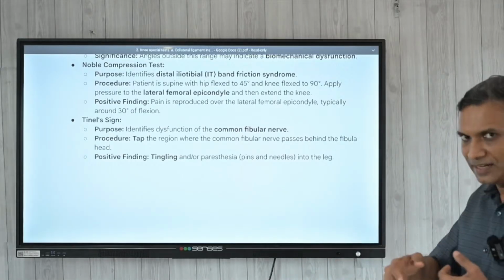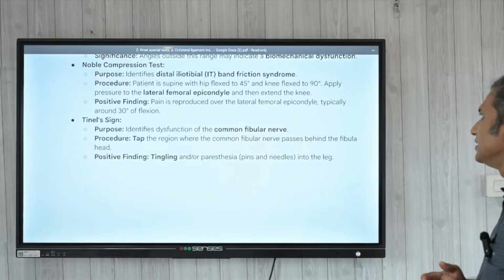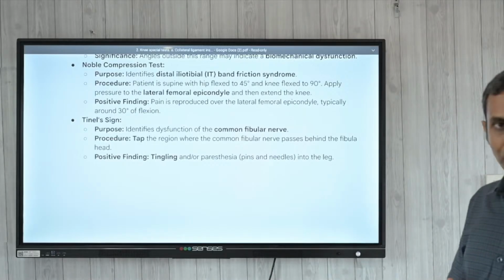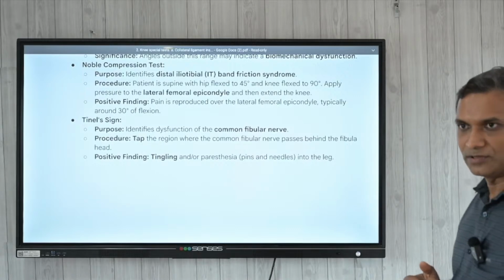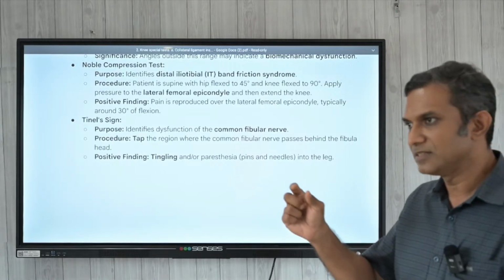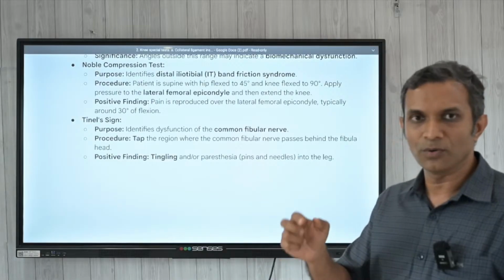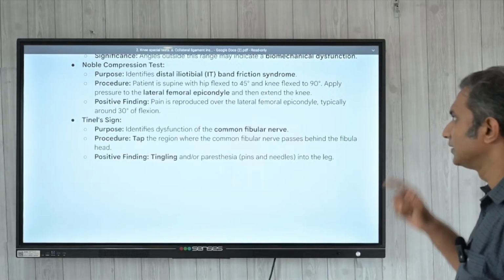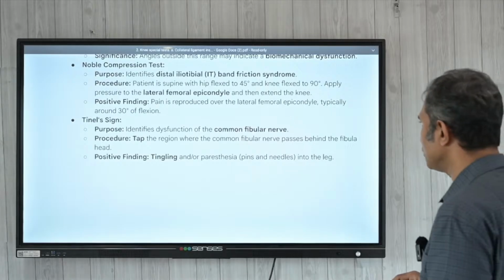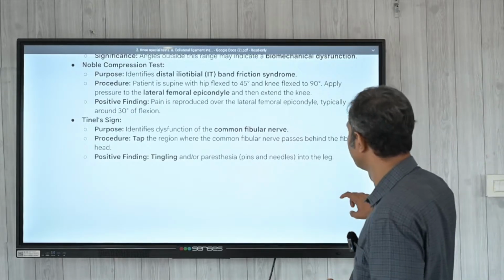While extending the knee, if there is pain or discomfort felt in the lateral condyle region, that is a positive sign. Normally this pain specifically appears at 30 degrees of flexion, so this 30-degree flexion aspect is also very significant.